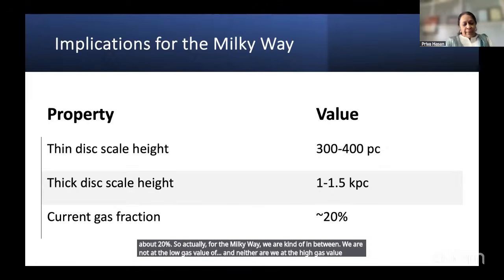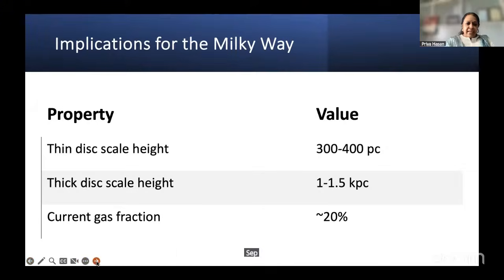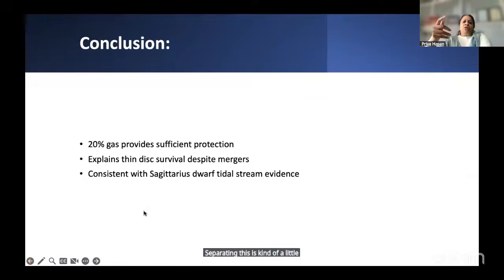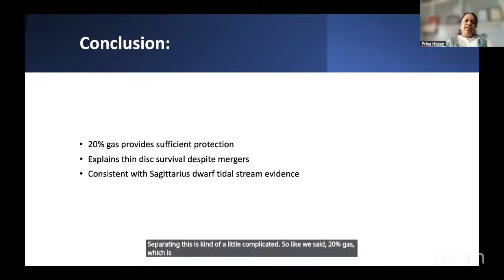So separating this is a little complicated. Like we said, the 20% gas in the Milky Way does provide sufficient protection. It explains thin disk survival post-mergers, and it's consistent with the Sagittarius dwarf tidal stream evidence.